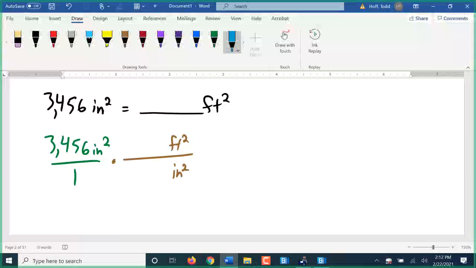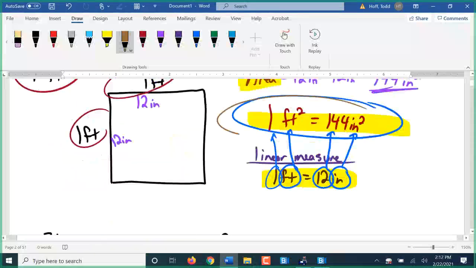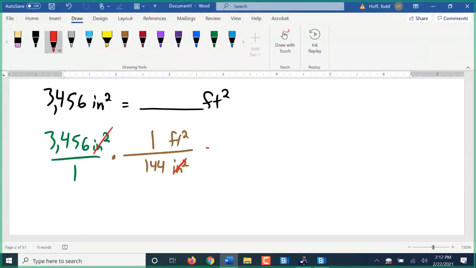And then I have to remember there's a difference in my conversion. 1 square foot, the 1 always goes with the larger unit, square feet. 1 square foot is 144 square inches from up here. The number that goes down here is 144. Square inches still cancel out. 3,456 times 1 is 3,456 square feet on top. On the bottom, 1 times 144 is 144.